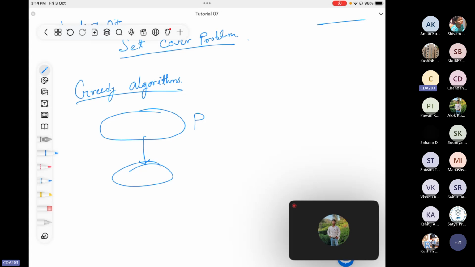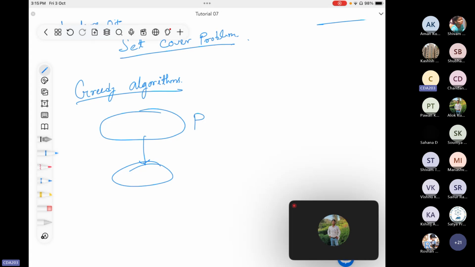We are hoping that this choice that we have made would be in the optimal solution. In that way you solve the sub problems, and using them you solve the original problem. So this technique is called the greedy technique.